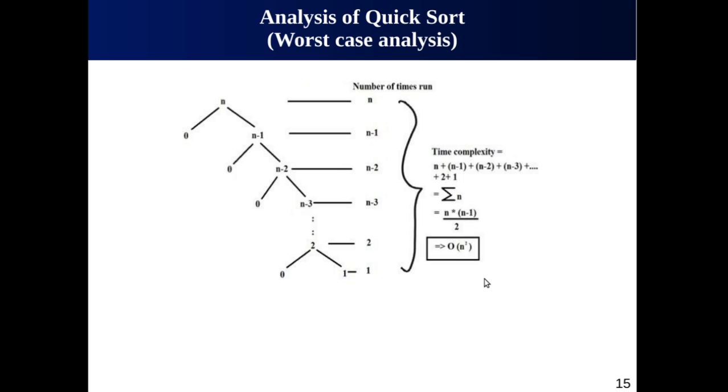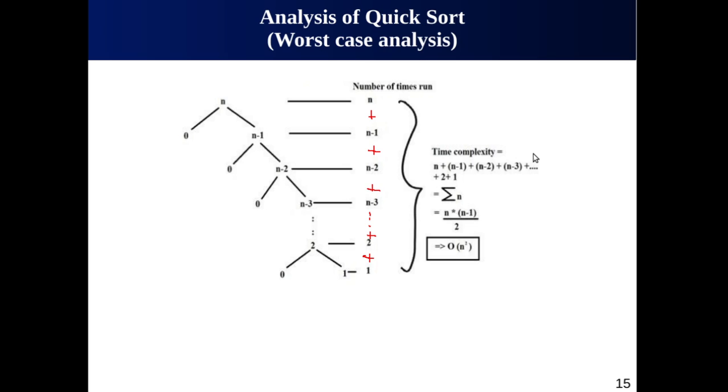Okay, to find the worst case running time of the quicksort algorithm, we have to add the running times of the individual subarrays. So it is simple: n plus n minus 1 plus n minus 2 plus n minus 3 and so on, plus 2 and then plus 1.